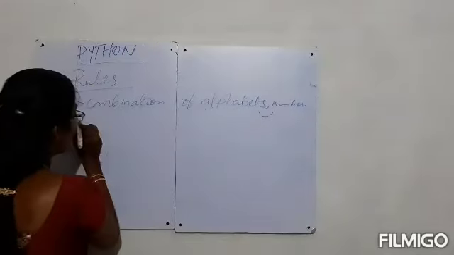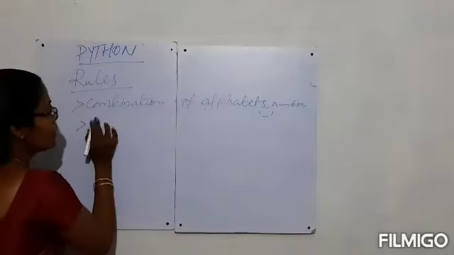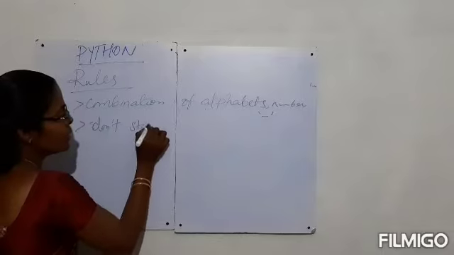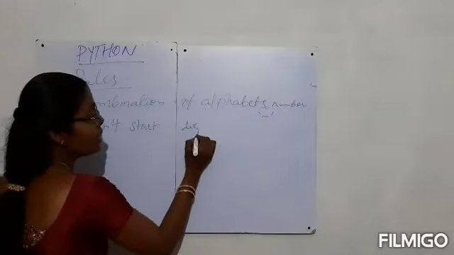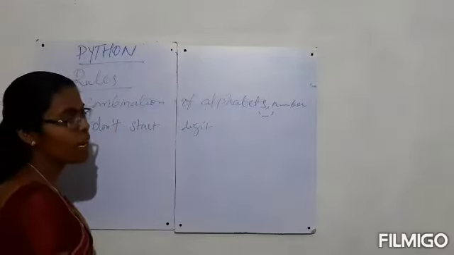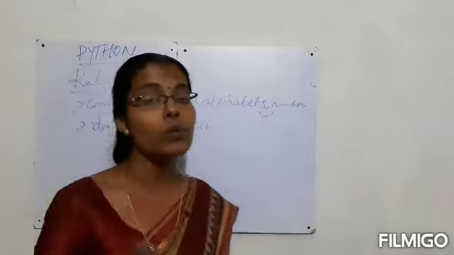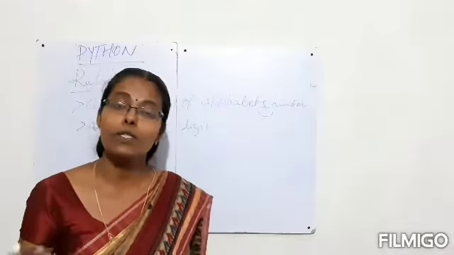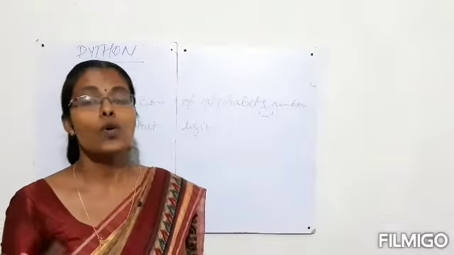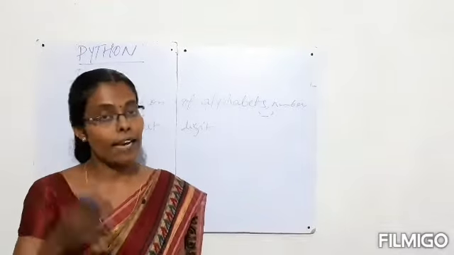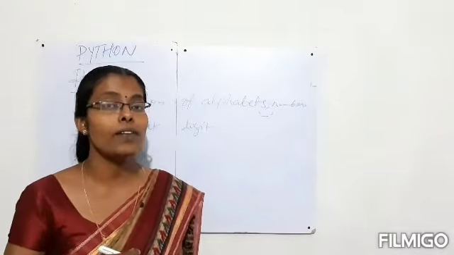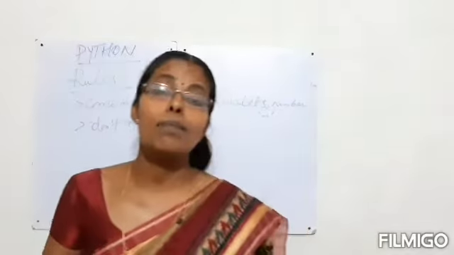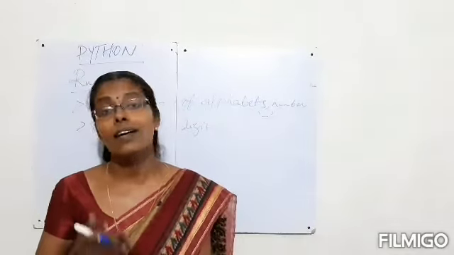It should not start with digits. Keywords are not allowed. Keywords are the reserved words used in the Python programming language. It is case sensitive; variables are also case sensitive. So we can make use of alphabets, but it should not start with a digit. These are the main rules we need to remember while declaring a variable.